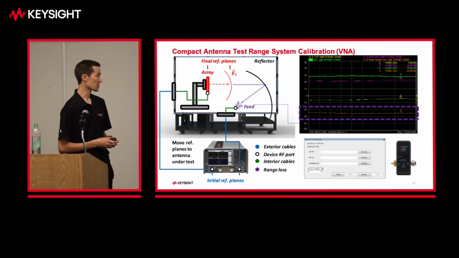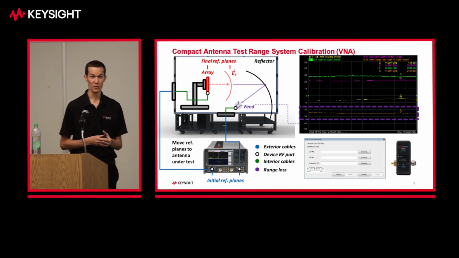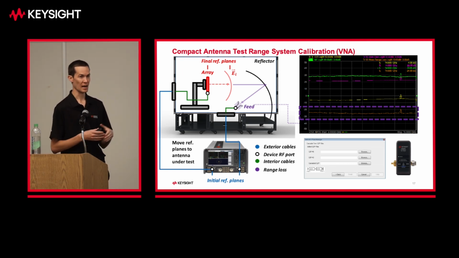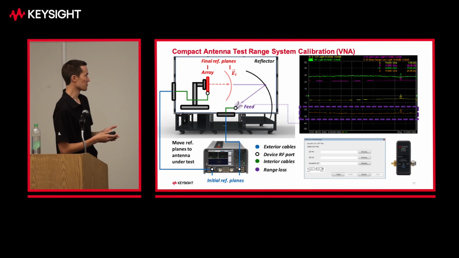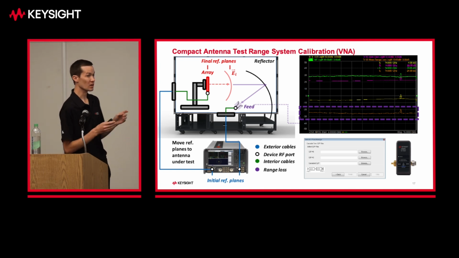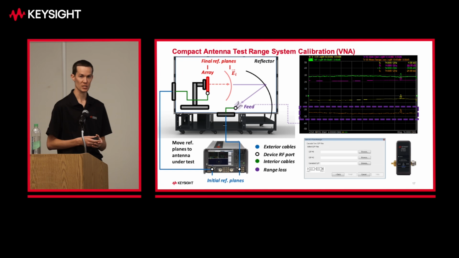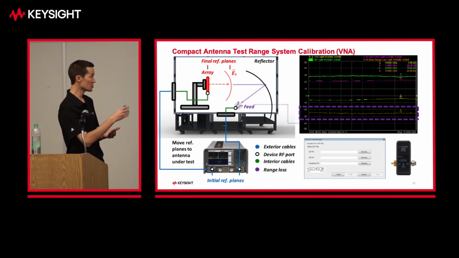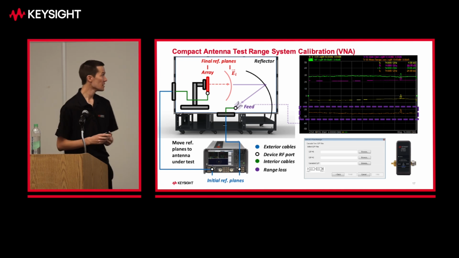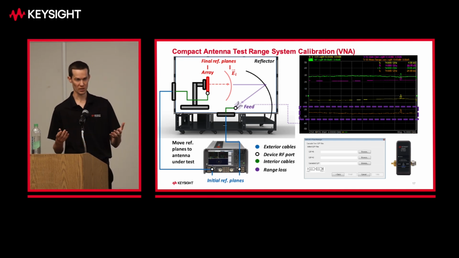But we also are going to be developing a GUI that can be used to guide you through the process of calibrating out what we call the range loss, which is the combination of that over-the-air path loss from the feed to the reflector in the compact range, plus the gain of the feed antenna. That's not something that we know when we start our measurement.